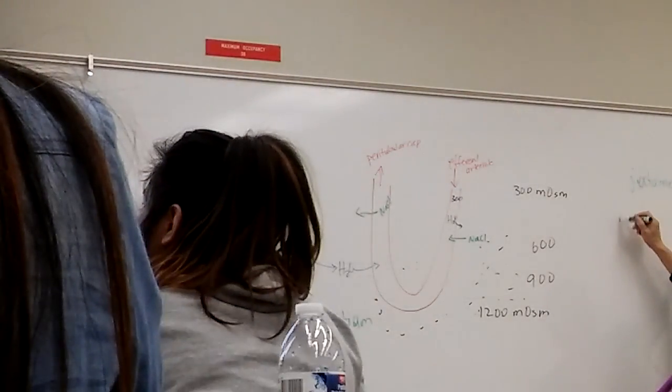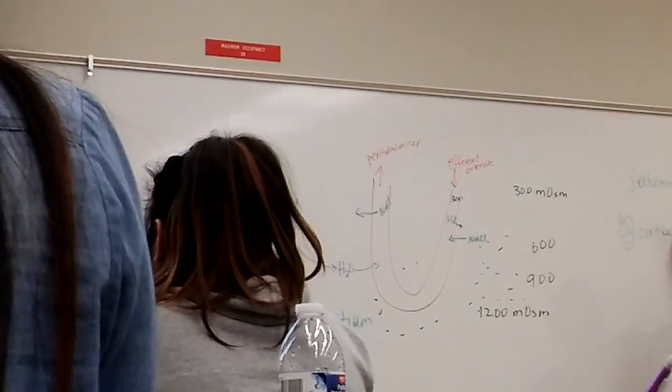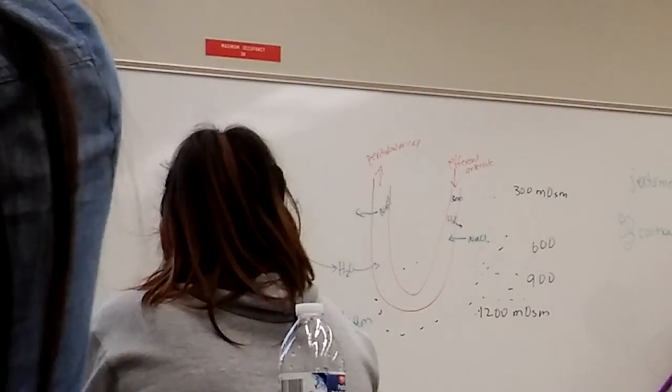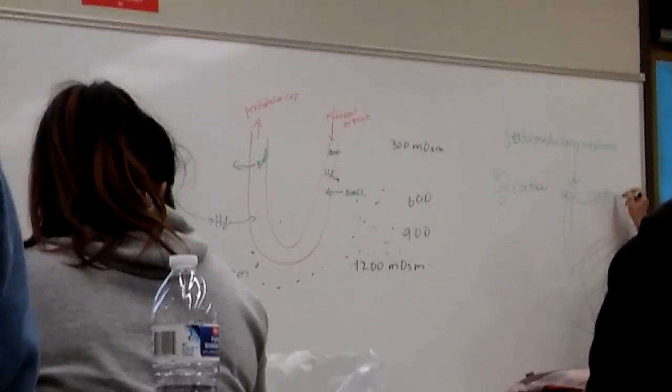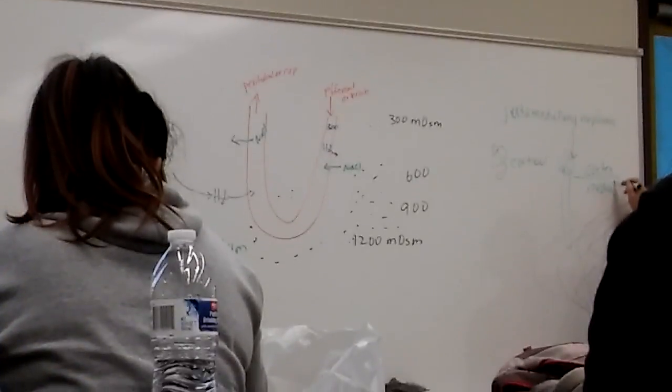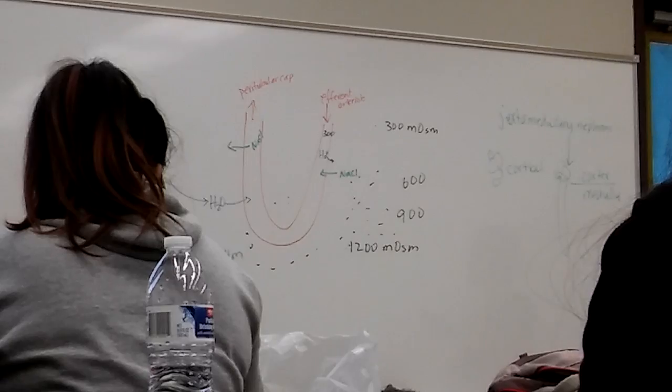Remember, we had nephrons that were just in the cortex, which were the cortical nephrons, and then we had some which had a long loop of Henle, and then here's just the medullary. And so here's the cortex, and here's the medulla. They use the term interstitium to refer to the tissues around it.